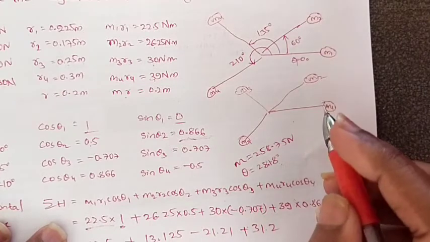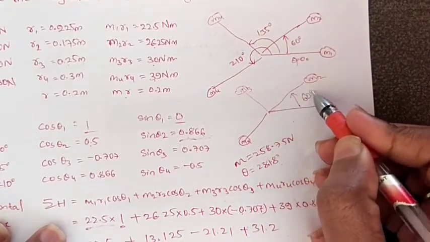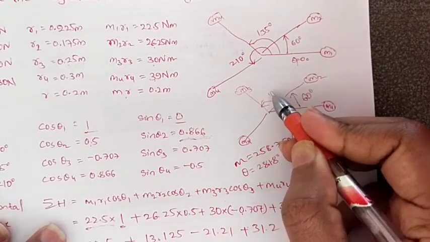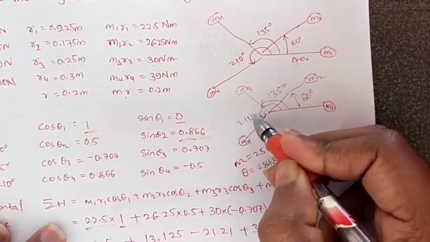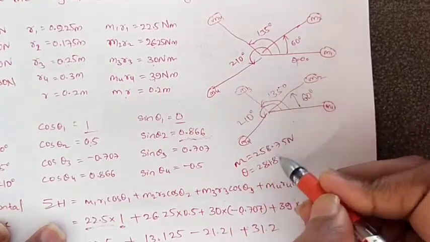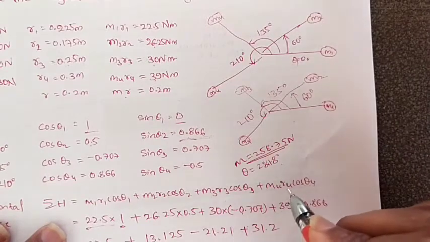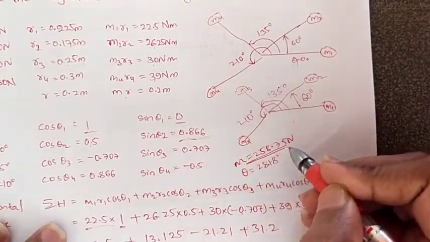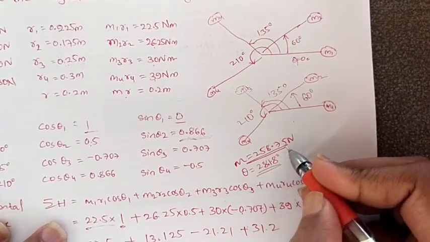These four masses revolving in the same plane, at 60 degree, 135 degree and 210 degree, can be balanced by only one mass of 258.75, or 259 Newton, at an angle of 28.18 degree.